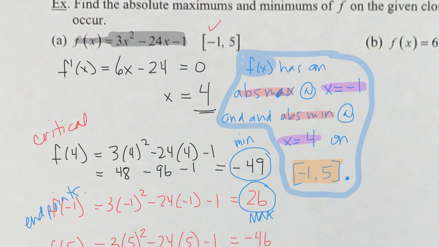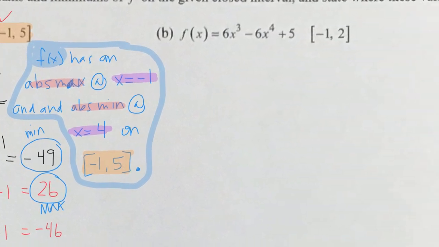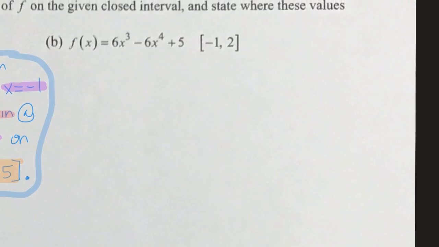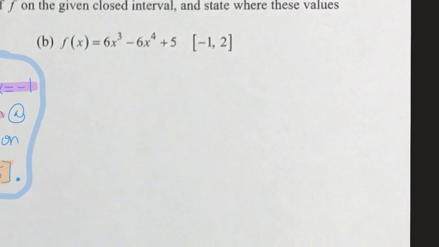Right, because if we change the interval, then we might change our absolute maxes and absolute mins. So make sure you are including the interval that they included in the problem, because that's where you're finding your maxes and mins on that interval. Excellently well done. So when we're finding an extrema, maxes and mins, then we're taking the critical values and we are evaluating them.